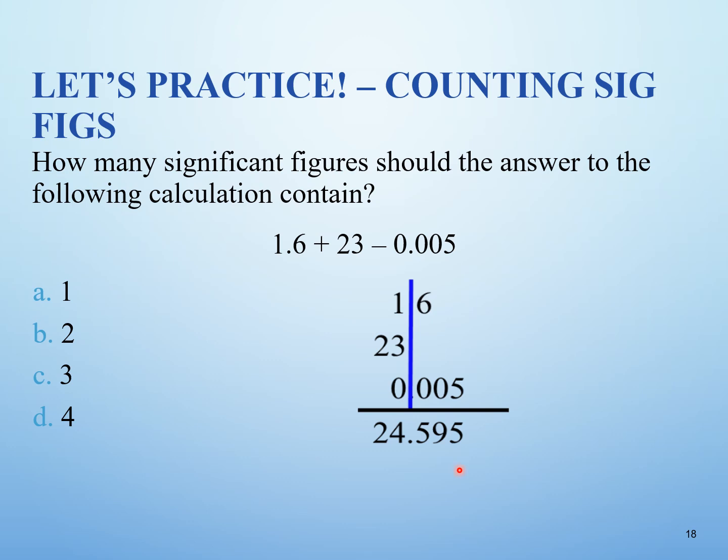Since this is all plus and minus, we'll keep the smallest decimal place. That means this one has no decimal place, and we actually keep an answer with no decimal place. So I would pick my answer to be just 25, which means it's 2 sig figs right there.